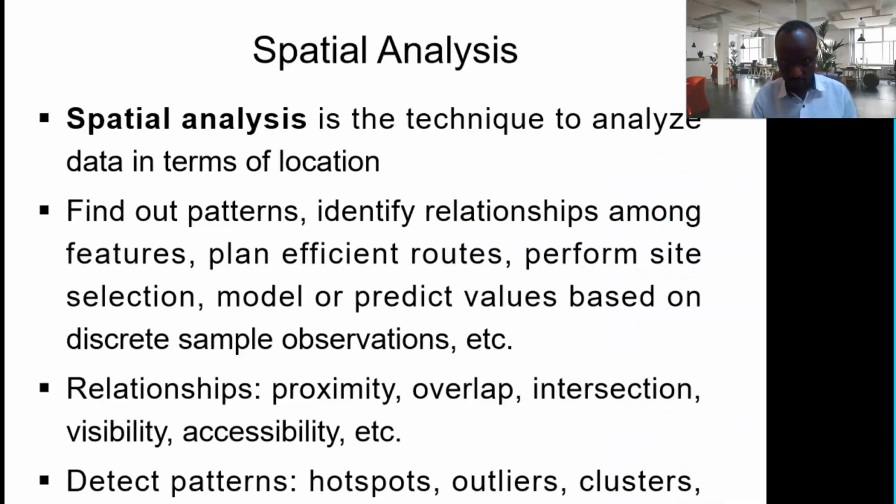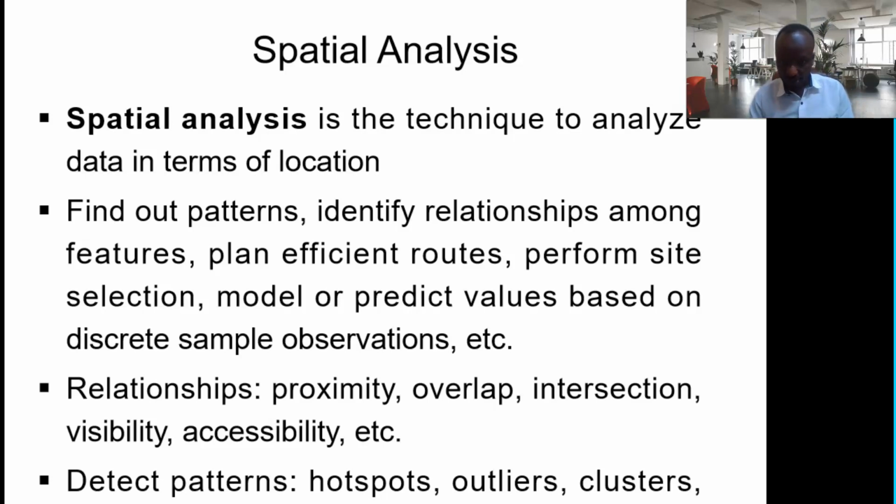So now let us come to the concepts of spatial analysis, which is very important. Spatial analysis is a technique to analyze data in terms of location, find patterns, identify relationships among features, plan efficient routes, perform site selection, and model or predict values based on discrete sample observations, and others.